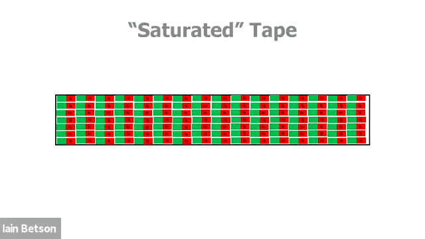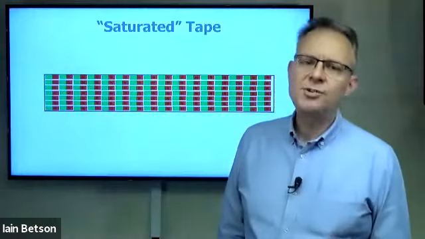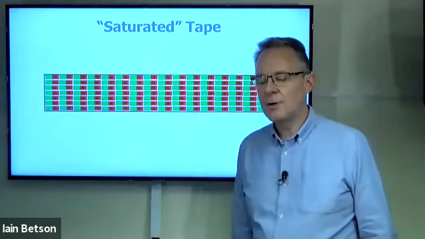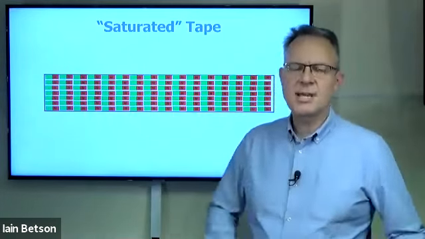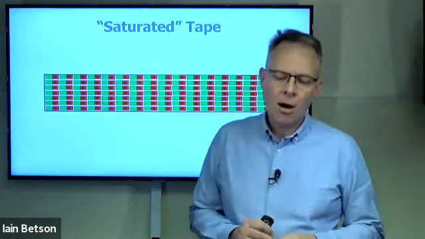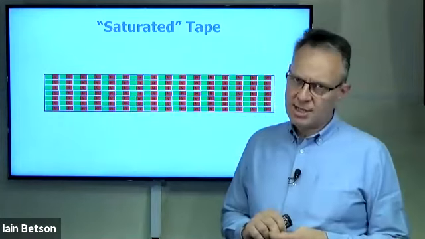In my BBC days, in the 1980s and 1990s, the BBC had a standard of 1,000 nanowebers onto a tape as the loudest signal that would be recorded onto the tape or come off of it. So put that figure in your mind, 1,000 nanowebers. If you look at my number 1 webinar I did on tape lineup, that mentioned nanowebers and flux levels, and I was using a Tascam 32 machine there.